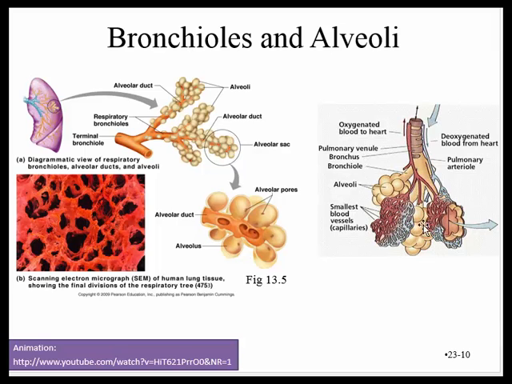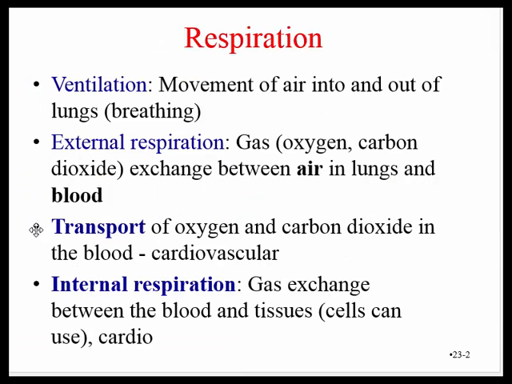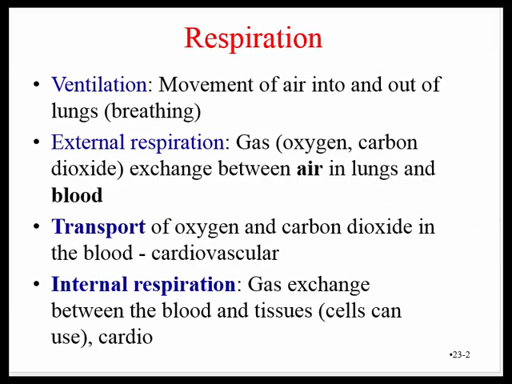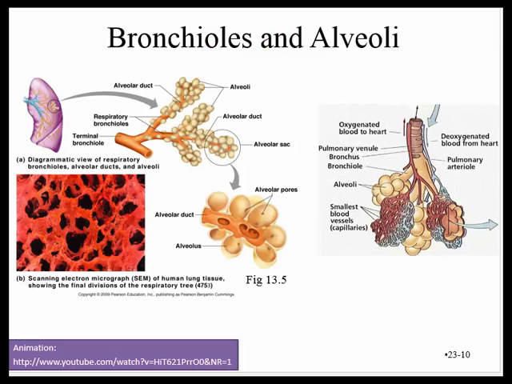So it gets loaded into the blood at these pulmonary capillaries, and then that oxygen-rich blood can go back to the heart through the pulmonary veins and get pumped throughout the body, which, if we go back to one of those first slides, would be the transport of oxygen and carbon dioxide. So we can see again how the respiratory and cardiovascular systems are linked together.